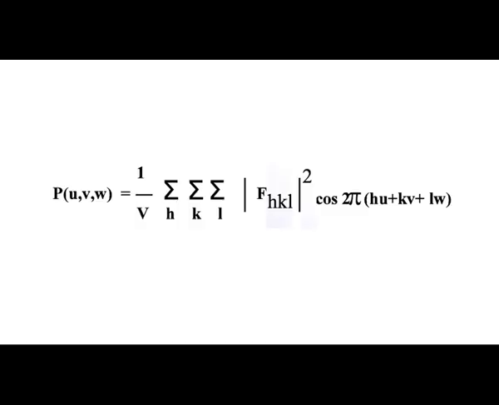The square of the amplitude is known as a Patterson. Suppose we use the square of a quantity equivalent to the difference between two structure factors; that is known as a difference Patterson. So, it is not just the amplitude, mod FO minus mod FC. Observed structure factor minus calculated structure factor, if you square it, that is known as a difference Patterson.